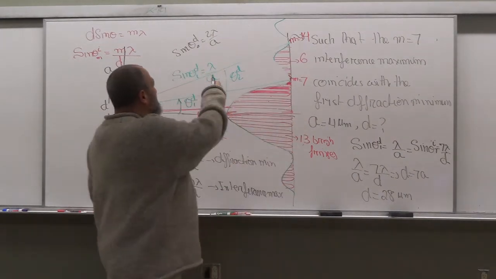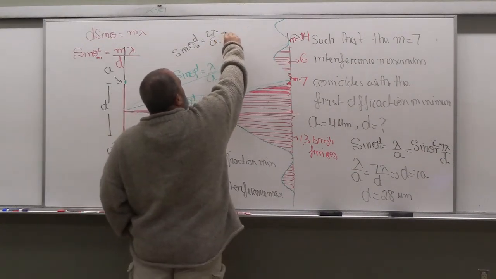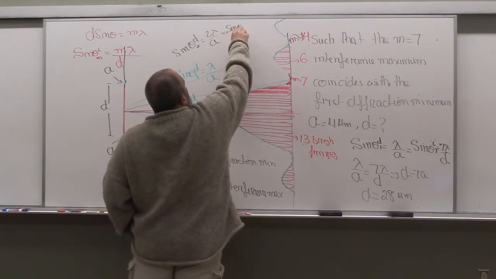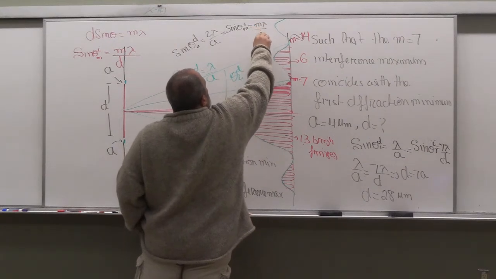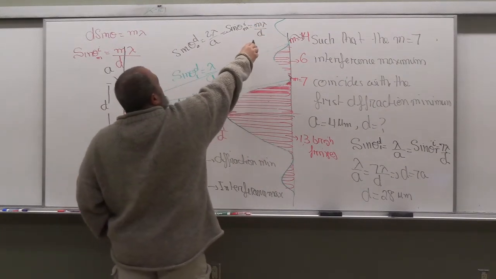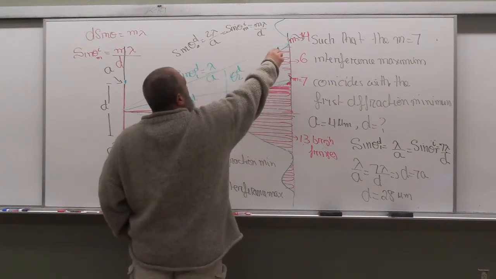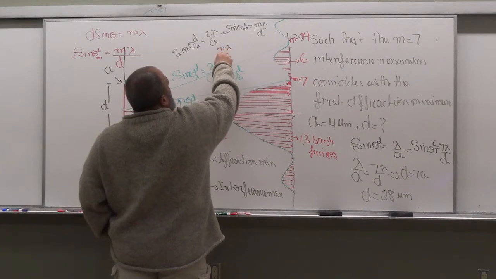Okay, all right, so continuing with this, if this is m equals 7, how do I guarantee this is m equals 14? You can tell from here, guys. So sine theta, what angle does that correspond to for interference maxima? That's sine theta m interference, that's equal to m lambda over d, right? So what this is telling you is that these angles are equal now. What m do I find here? That gives you the m lambda over d.